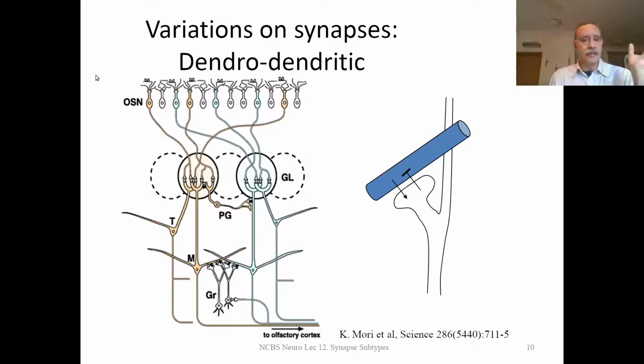But it's there to some extent in many other parts of the brain. It's very prevalent also in the retina, but it's a small fraction of synapses throughout the brain that are of this kind. Particularly, as I said, in the olfactory bulb, there's a large fraction there. So let's see what this particular dendritic synapse looks like, and then I'll show you what the circuit is about.